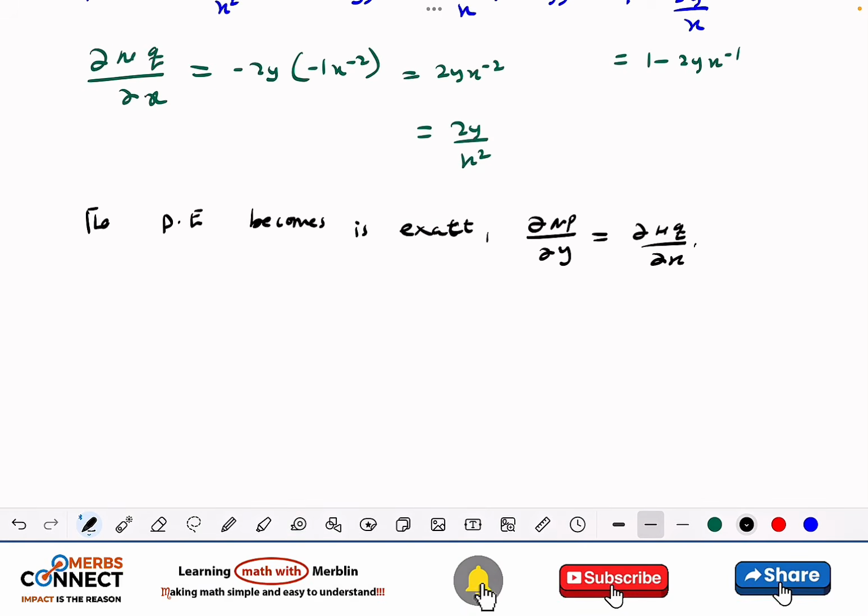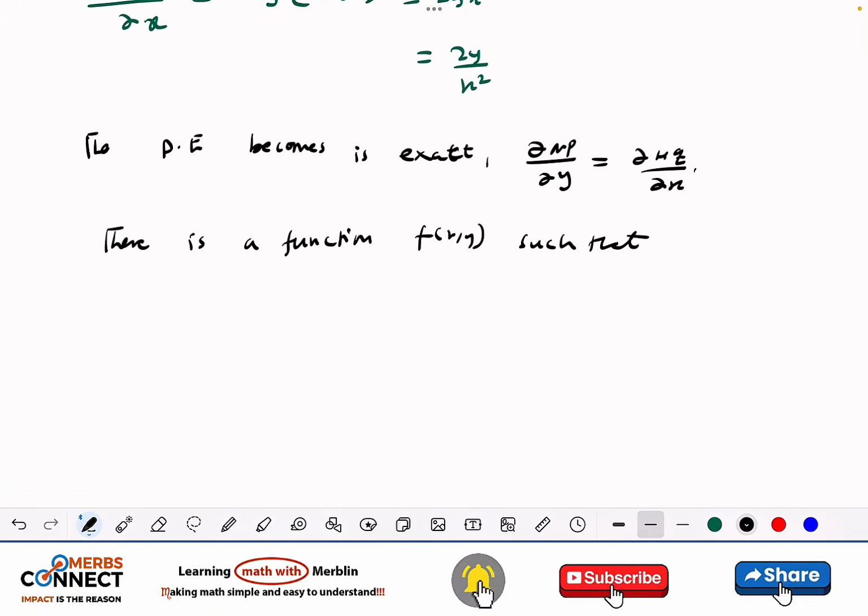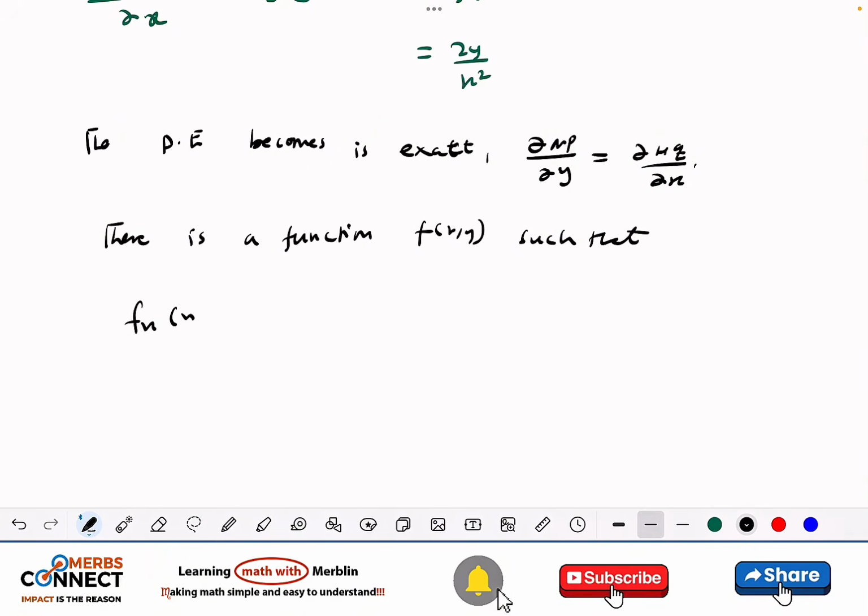So if that's the case, then there exists a function f of x y such that when I differentiate the function with respect to x, I get mu of p.